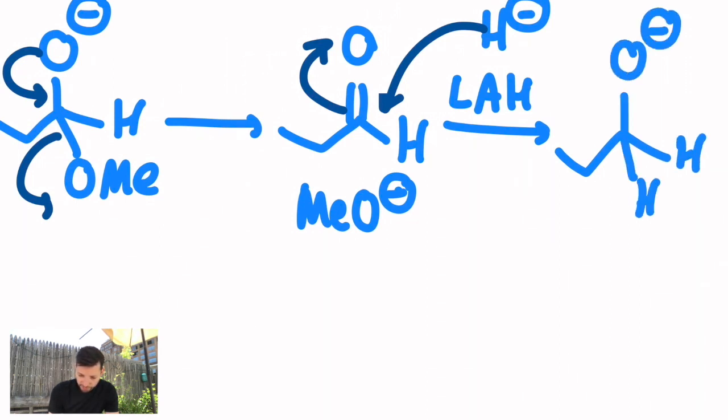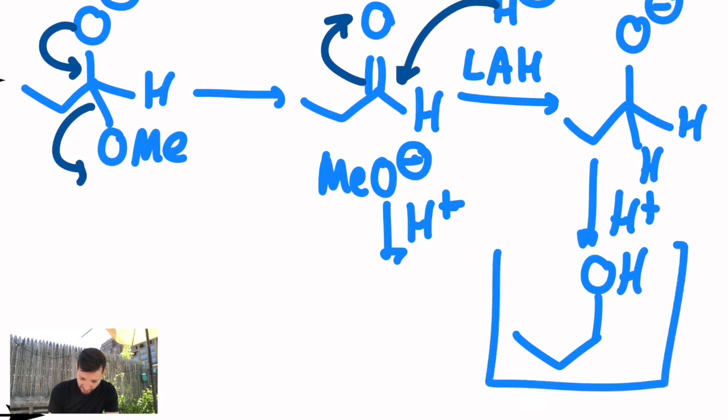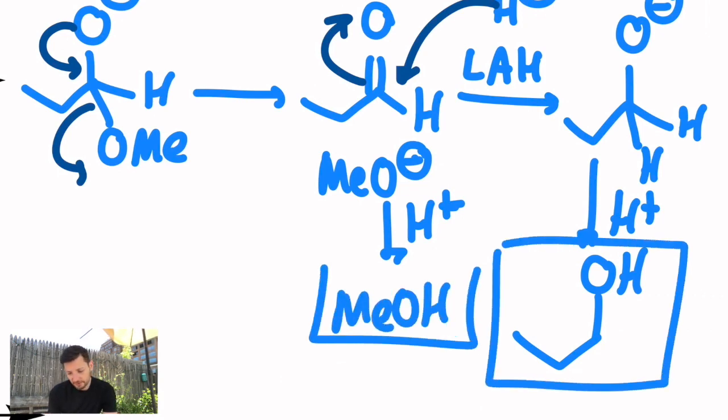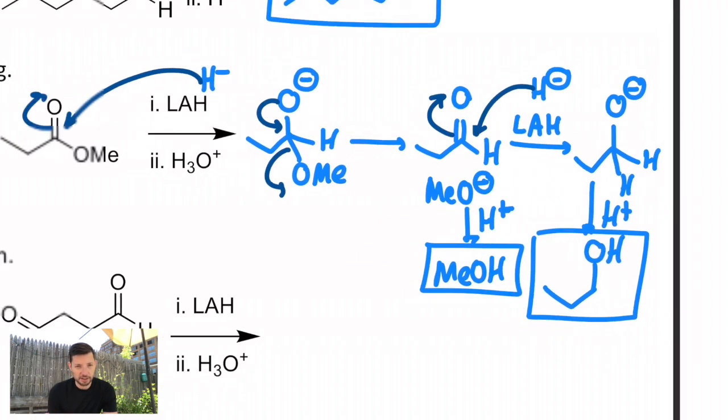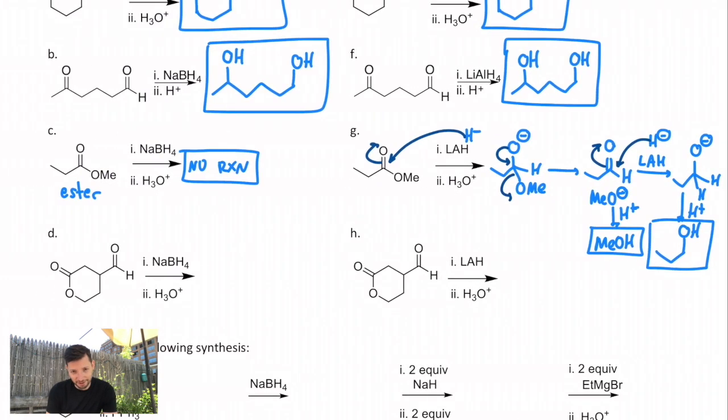So then once both of those things see H+ in your aqueous workup, you'll get a primary alcohol and then a second alcohol from whatever used to be attached to the ester. So esters undergo this over-addition of LAH, and they don't react with NaBH4 at all. So those two are very different than the other two.